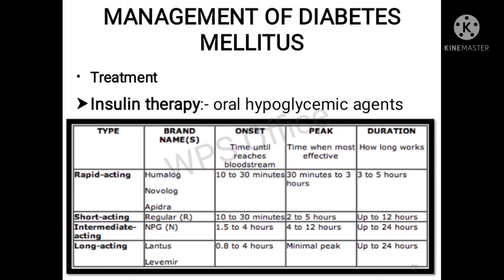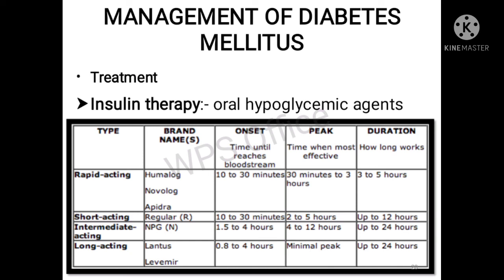Rapid acting insulin has brand names Humalog, Novolog, Epidra. Its onset is 10 to 30 minutes, the peak is from 30 minutes to 3 hours, and it works for around 3 to 5 hours.